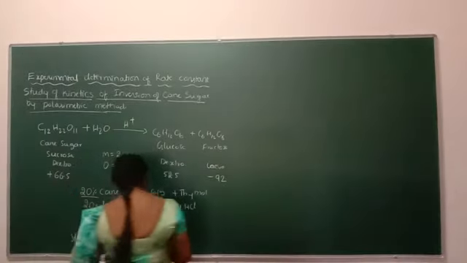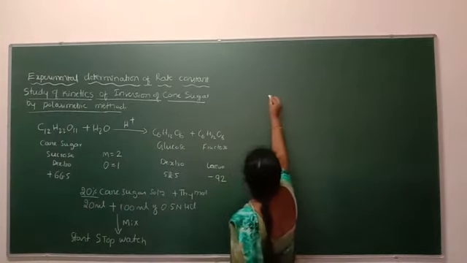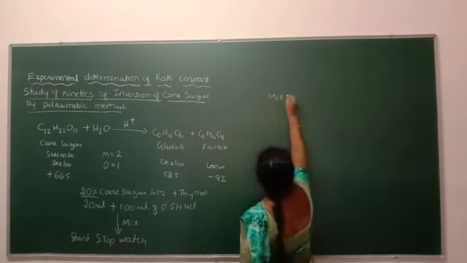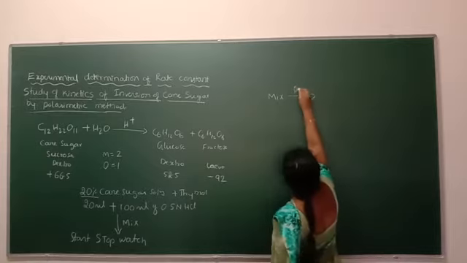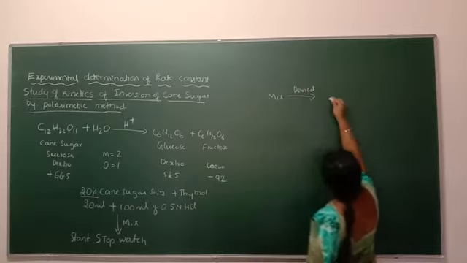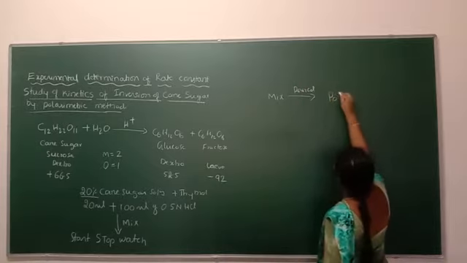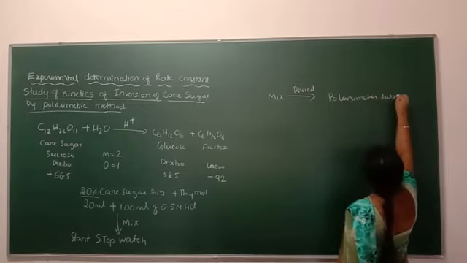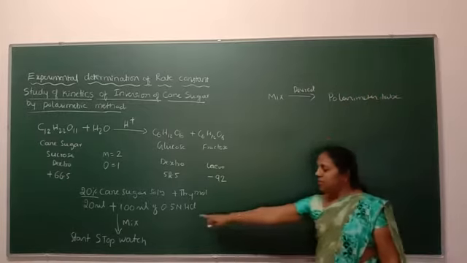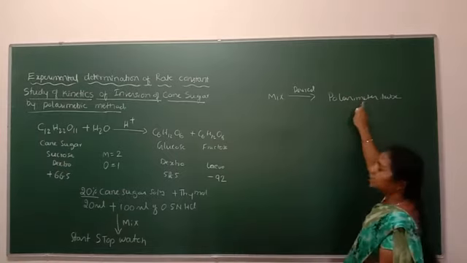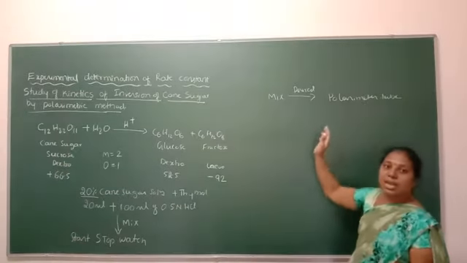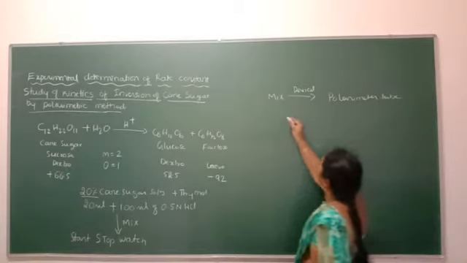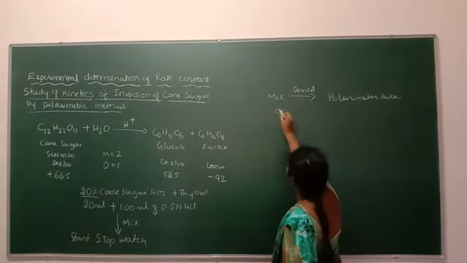And this mixture is to be poured into the polarimeter tube. After pouring that mixture into the polarimeter tube, we can measure the angle of rotation. So first we will measure the angle of rotation.